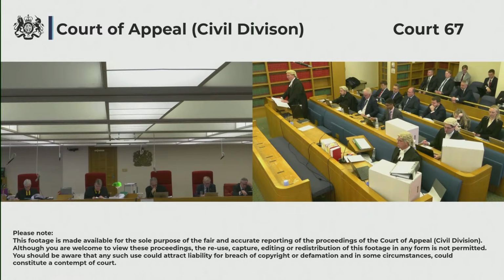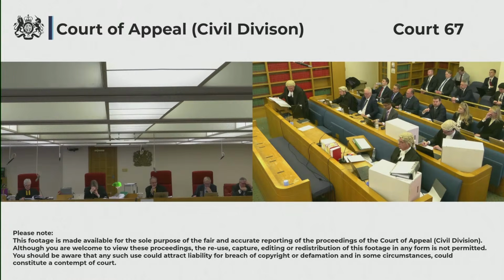And we've also set out the relevant references in our skeleton argument at paragraph 83, which is at tab 2 in the core bundle, page 101. So those are references specifically to apportionment. Particularly the passages on page 17 and 18 from the judgment in the Königin Juliana.